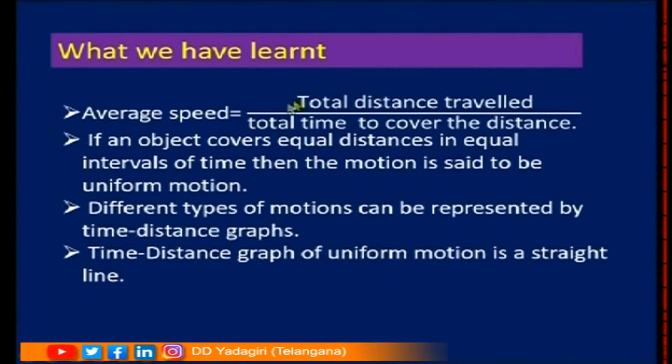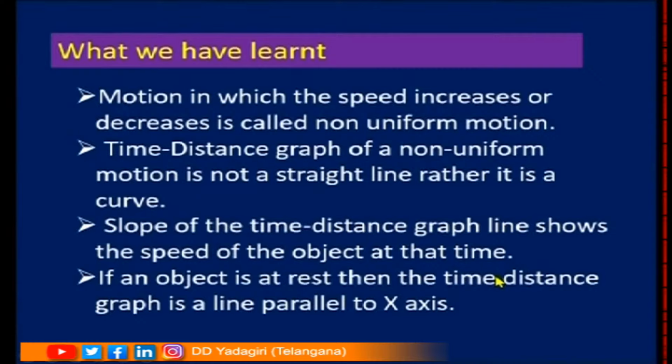Whatever concepts we discussed in this session, let us look at all these points and try to learn them, children. Average speed is equal to total distance travelled divided by total time taken to cover the distance. If an object covers equal distances in equal intervals of time, then the motion is said to be uniform motion. Different types of motion can be represented by a time-distance graph. The time-distance graph of uniform motion is a straight line.